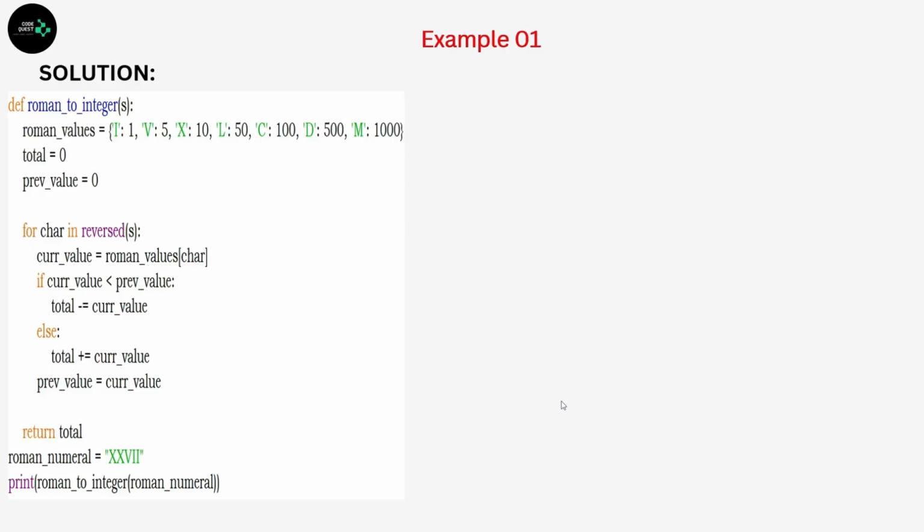So now let's apply the logic on a sample example. Let's say we have taken a Roman numeral, XXVII, which actually represents 27. But let us see, by going through this piece of code, whether I am able to get the same result or not.